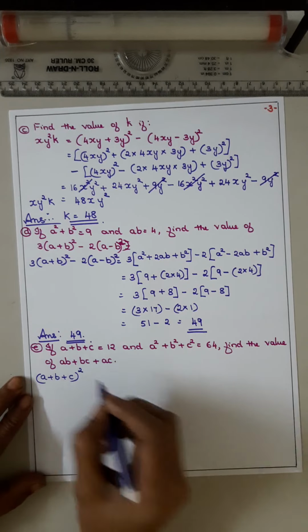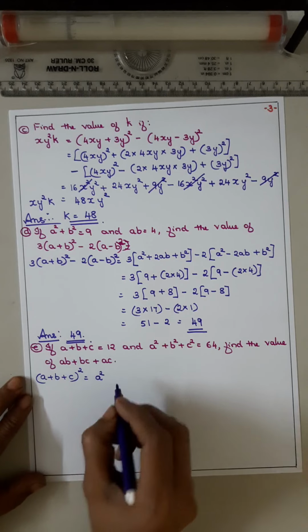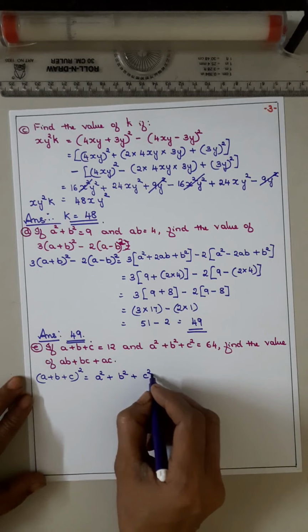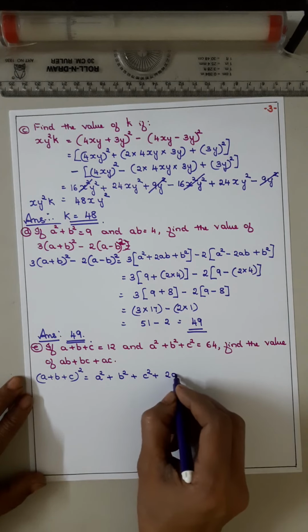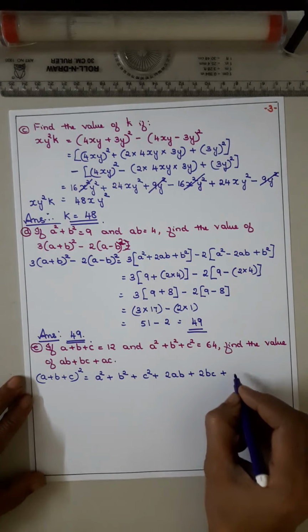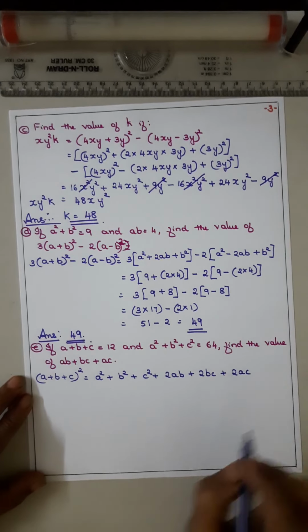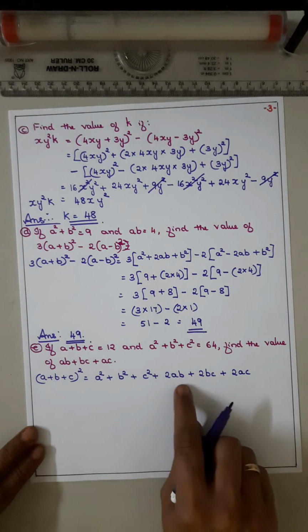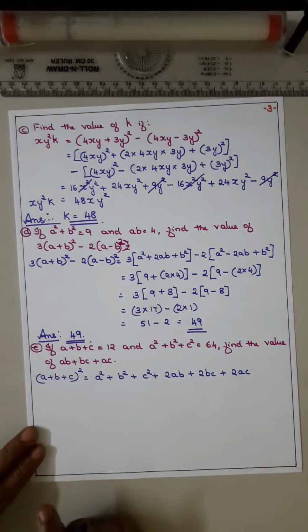So use it. That is a squared plus b squared plus c squared plus 2ab plus 2bc plus 2ac or ca. So this is almost the same, but here 2 is common.